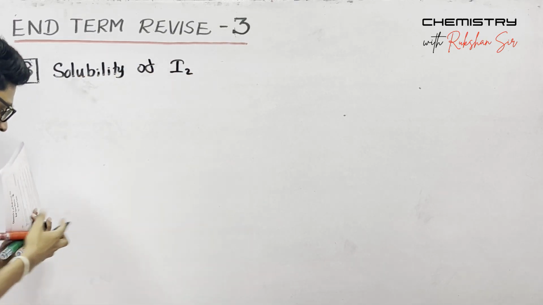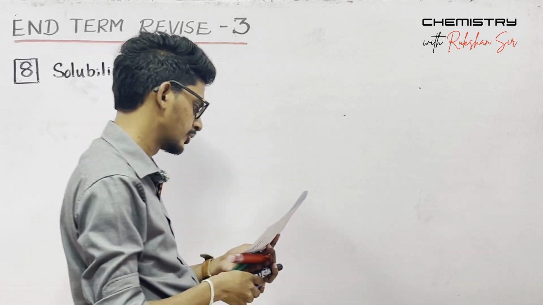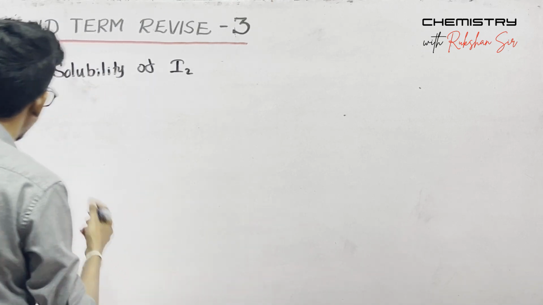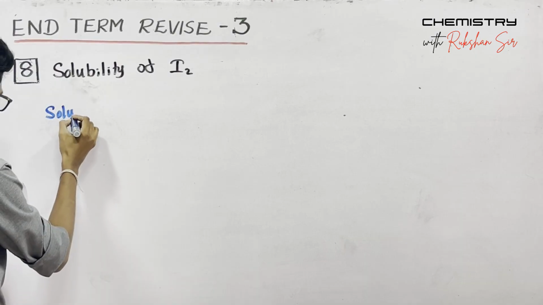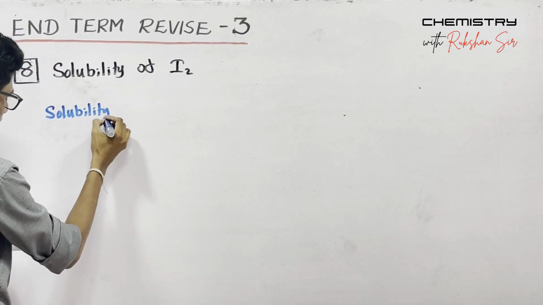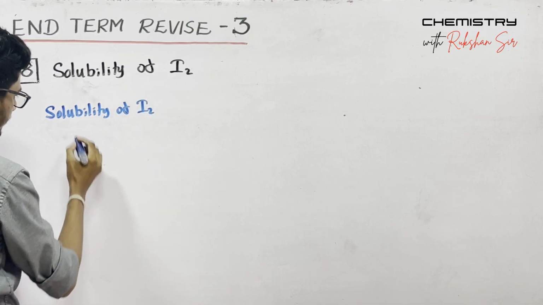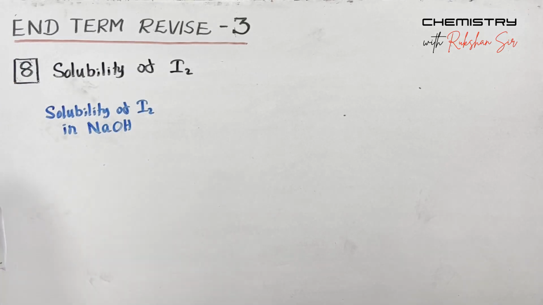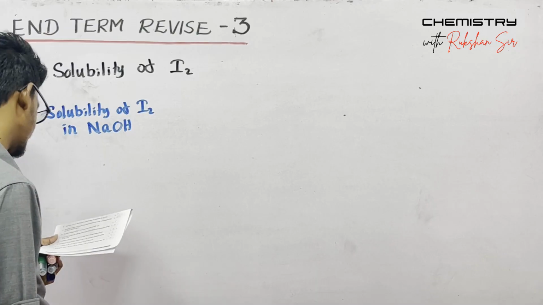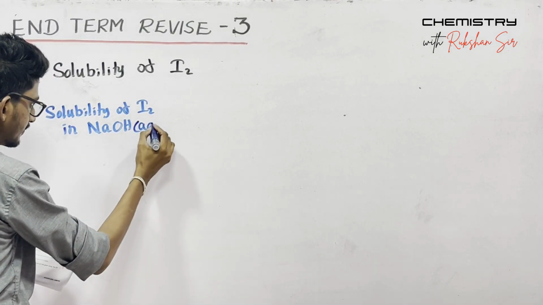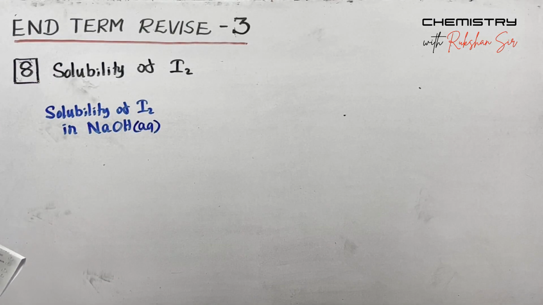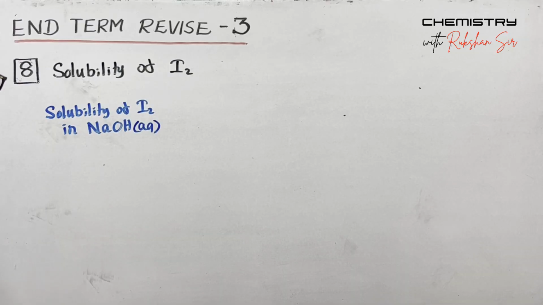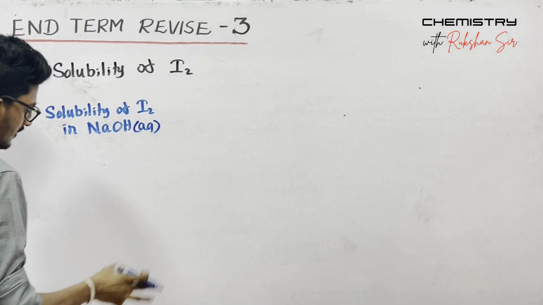So when it comes to solubility of I2 in NaOH, the thing would look like this in your aqueous solution. If you think of NaOH aq, the things look like this.